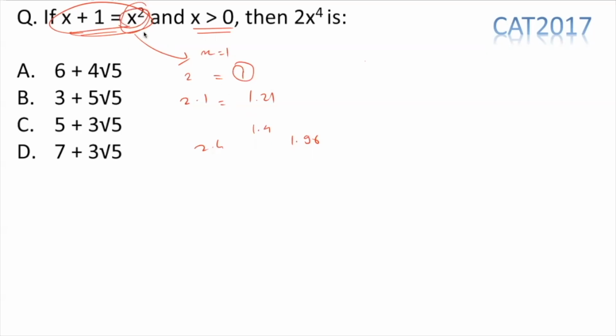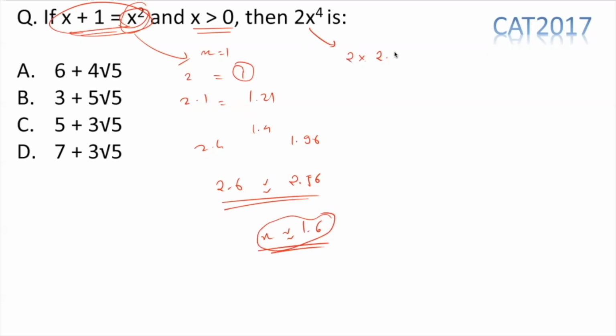If x is 1.6, guys, 1.6 square is 2.56 and 1.6 plus 1 is 2.6. Approximately they're equal, right? So x का value is basically 1.6 approximately. If x is approximately 1.6, the value of 2 into x raised to 4 is 2 into 2.56 square, because x square is 2.56, right?